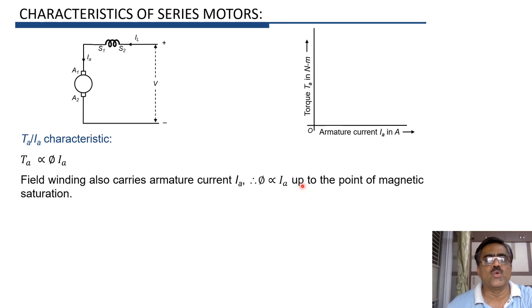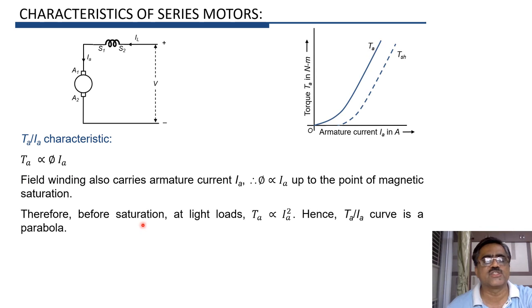But this is true up to the point of magnetic saturation. So before saturation, phi is proportional to Ia, and therefore TA is proportional to Ia into Ia, that is Ia square.